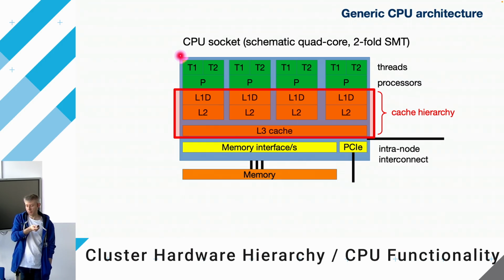So if there's a memory request going from the CPU core, it has to go through this cache hierarchy because there's a long way from core to memory. Therefore, the cache hierarchy makes sure that often used data is cached, and therefore the access to the cache is much faster than access to the memory. Therefore, we have some cache levels here that cache the data.